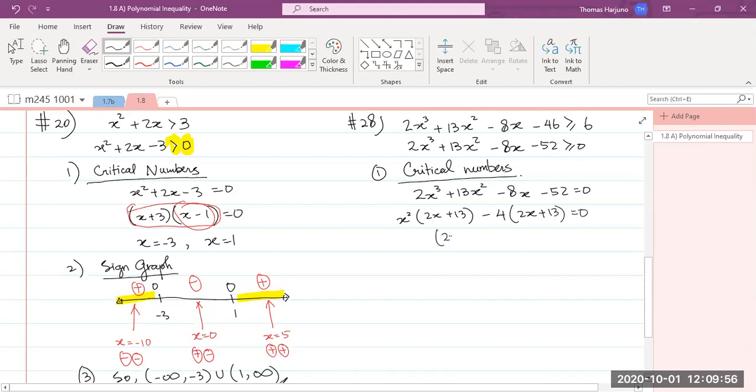So the common factor now is (2x plus 13)(x squared minus 4). Oh, I can go further. (2x plus 13)(x plus 2)(x minus 2) equals 0. So the critical numbers are -13 over 2, -2, and 2.